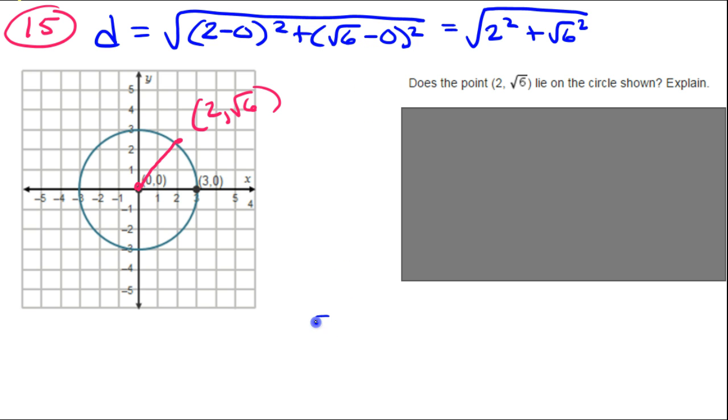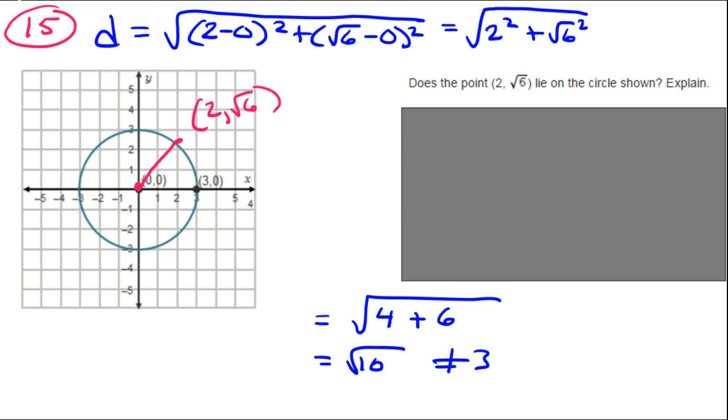Now before I touch a calculator, still, come on, 2 squared is 4. Now this is something that you should get comfortable with. If you take a square root and you square it, the square root and the square cancel each other out. So I'm just going to have 6. 4 plus 6 is 10, so that's the square root of 10. The square root of 10 is not 3. It does not equal 3.